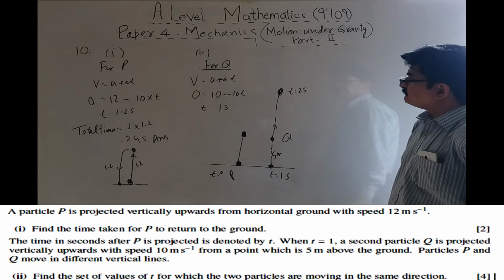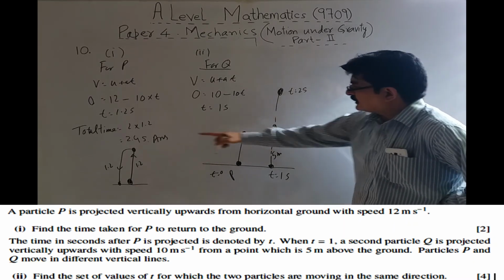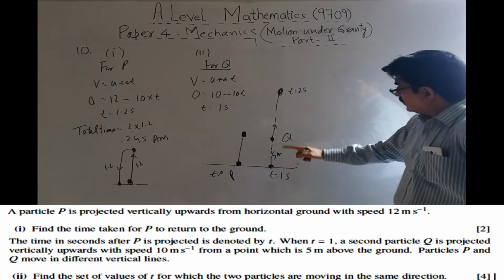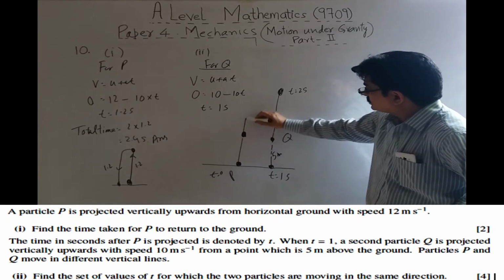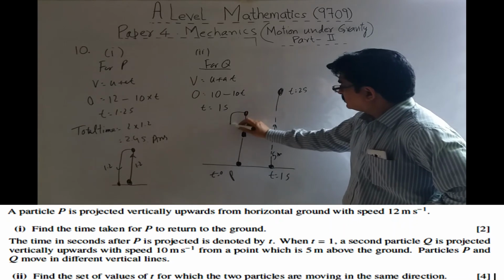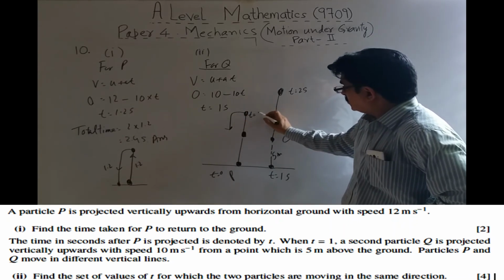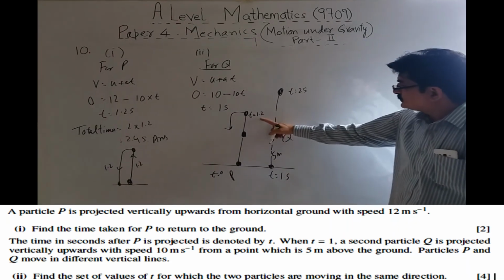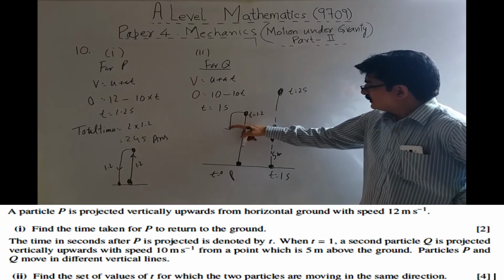But see that the particle P needs 1.2 seconds to reach the highest point. It means that after 1.2 seconds, suppose this is the point where P has reached. When the time is 1.2 seconds, P is at the highest point, so it will come down.